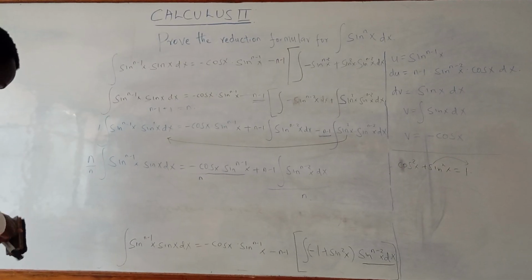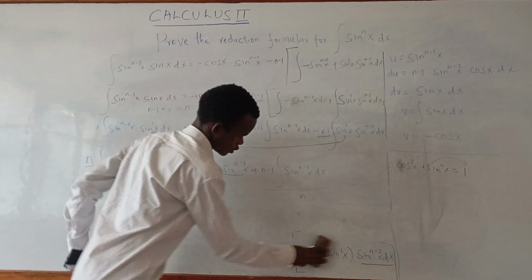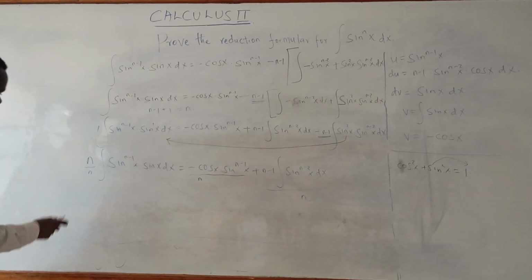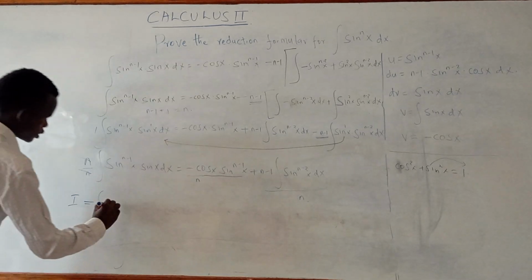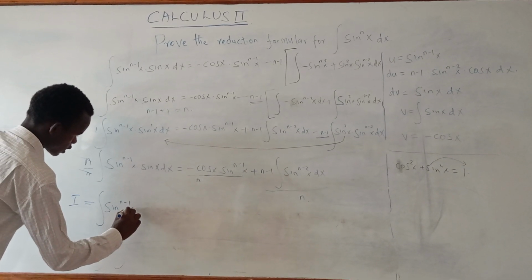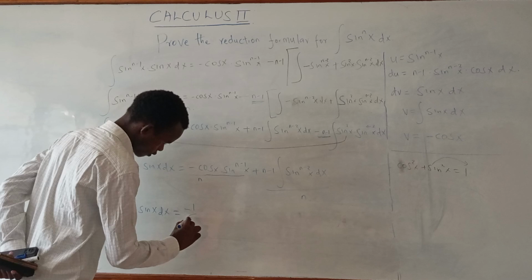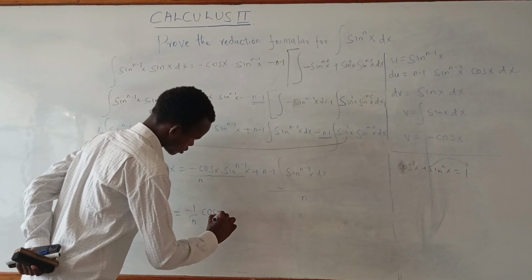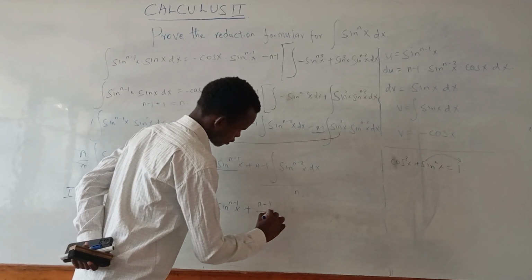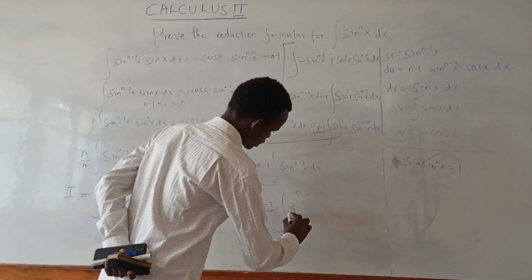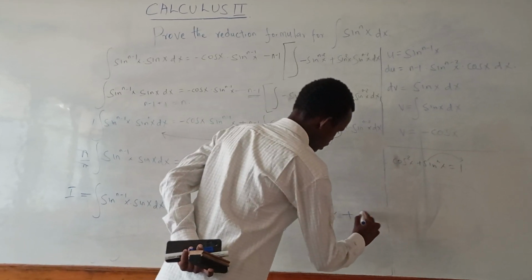So our final answer becomes: the integral, which we can replace with I, the integral of sin^(n-1)(x) multiplied by sin(x) dx, is the same as negative 1 over n times cos(x) multiplied by sin^(n-1)(x) plus (n-1) over n multiplied by the integral of sin^(n-2)(x) dx plus a constant c.